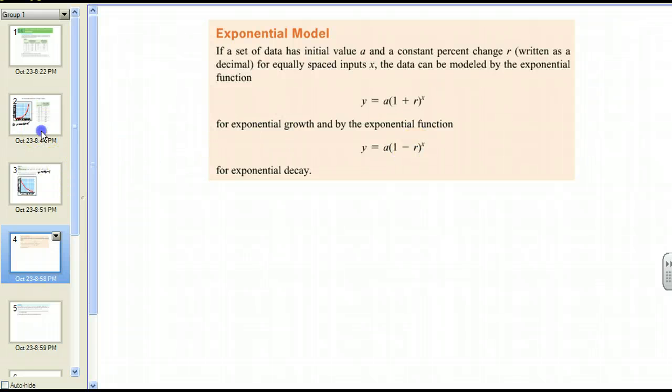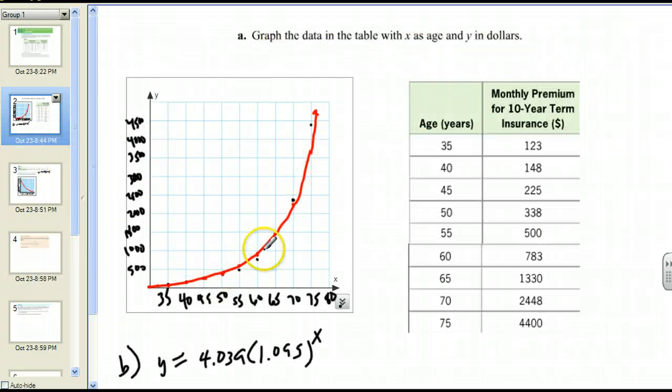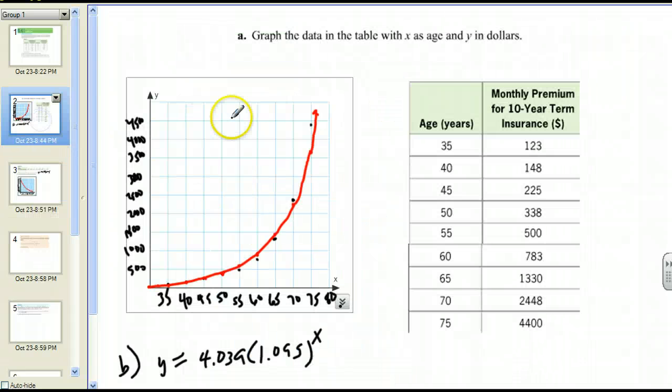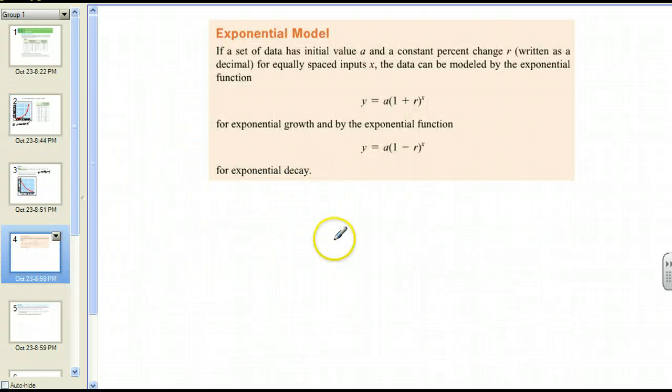So if you look at those last two models, this was exponential growth, 1 plus some change. This was exponential decay, 1 minus some change. Here we're subtracting roughly 22%, so this was like a 22% decay rate. This was roughly a 9.5% growth rate. So that's what we're talking about here.